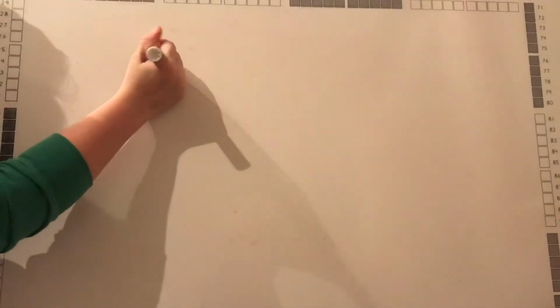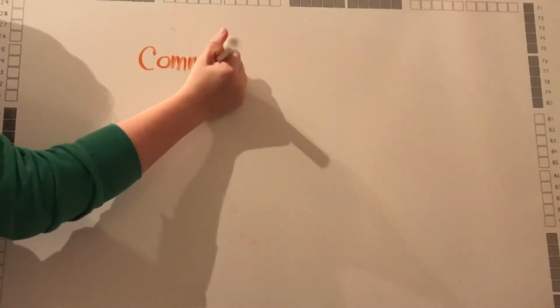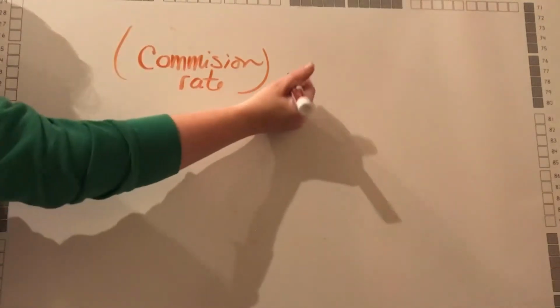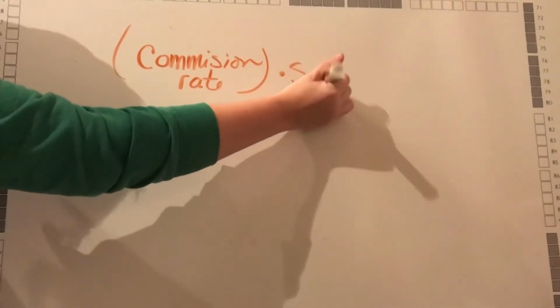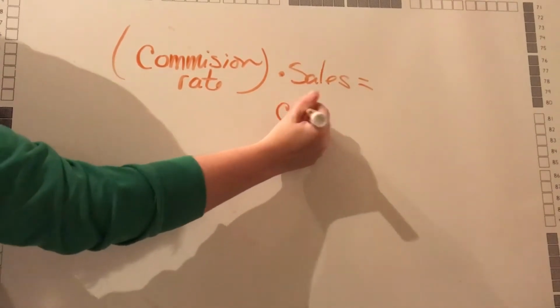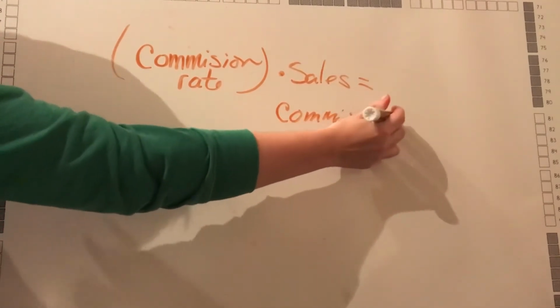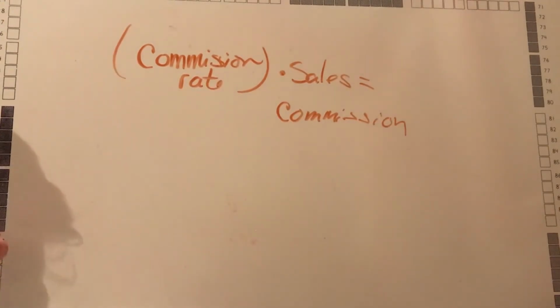Our formula is going to be our commission rate multiplied by the sales, and that's going to equal your commission. There's two S's in commission. Okay, so commission rate times sales equals your commission.